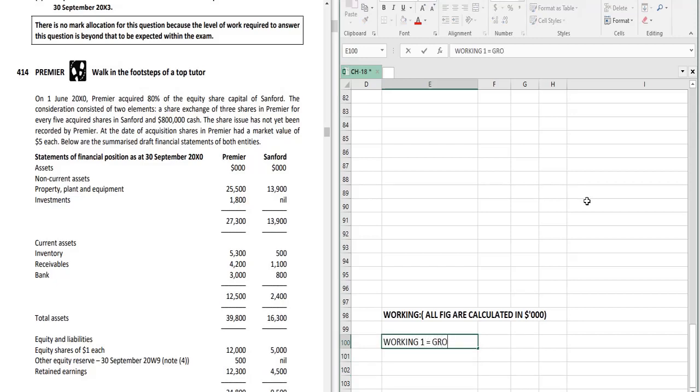It is for the group structure. Here first, then we will read the question.